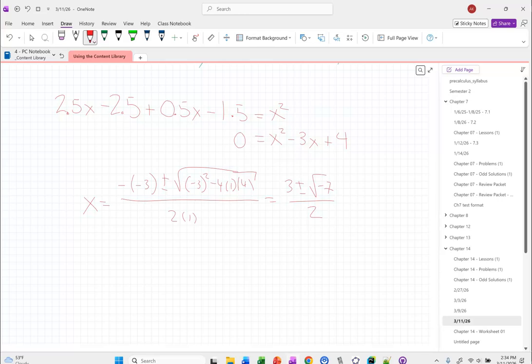What's the square root of negative 7? It's the square root of 7 times i. What kind of answer am I getting here? Imaginary. What does that mean? It's not a solution.